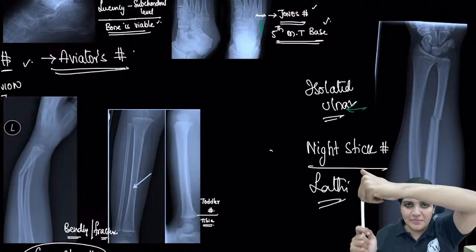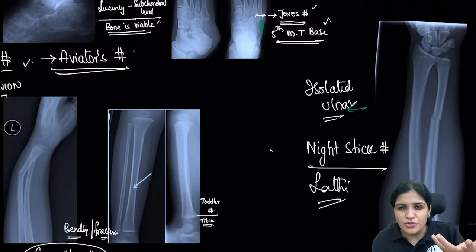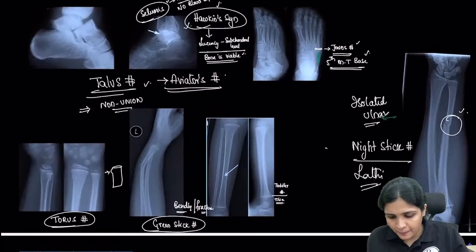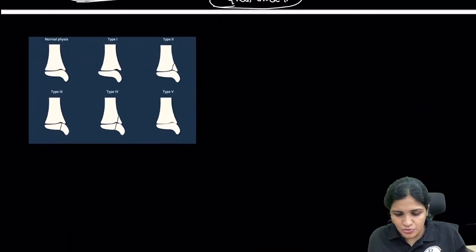Just a defense mechanism. So there will be an isolated ulnar fracture with the lathi stick, usually policemen will do that, right? So this is called the nightstick fracture. Only an isolated ulnar fracture will be there. Okay? Clear, guys? Yeah, it is a sort of defense injury.